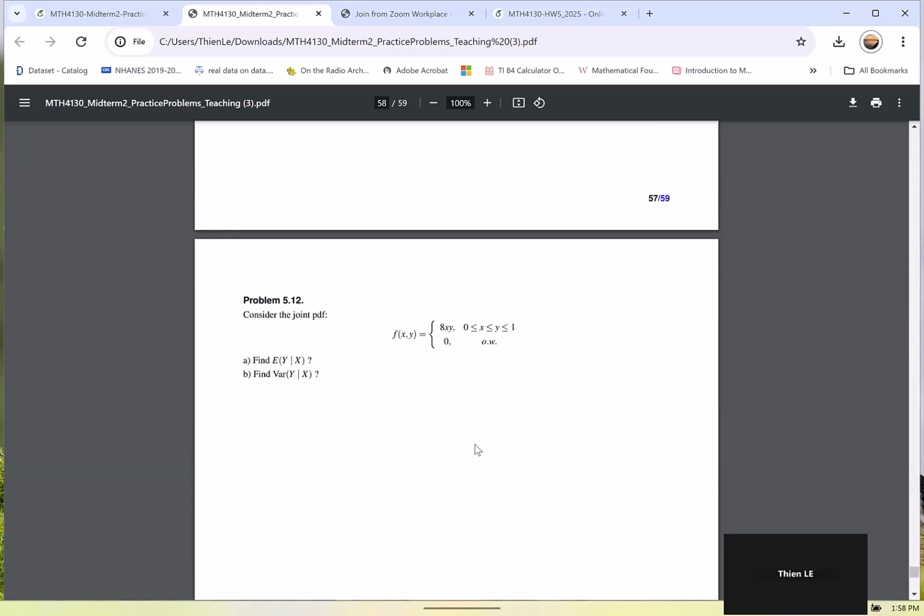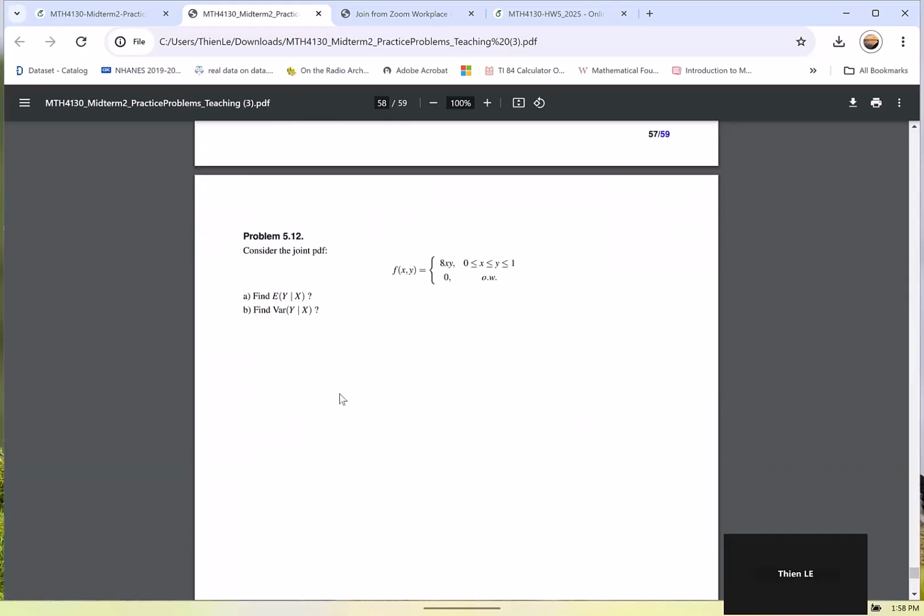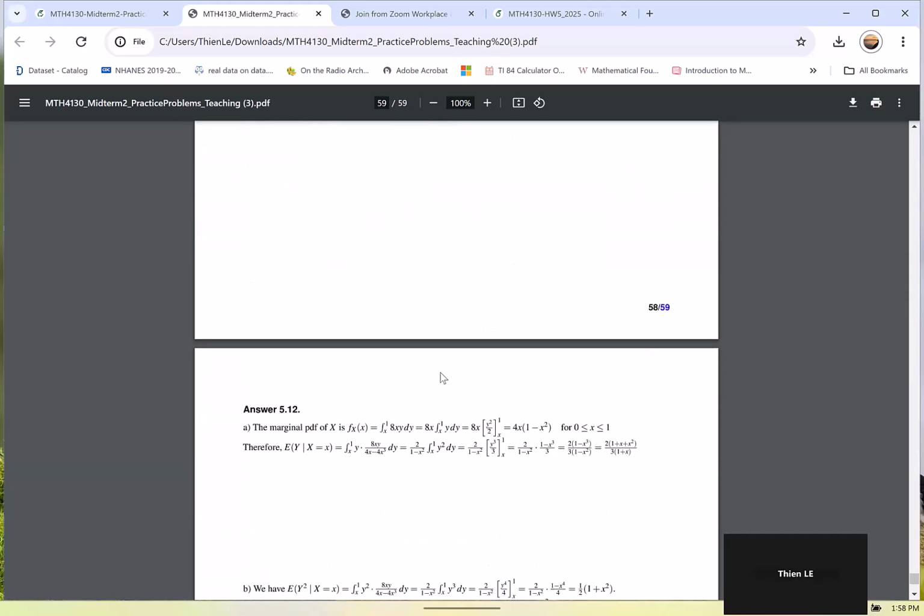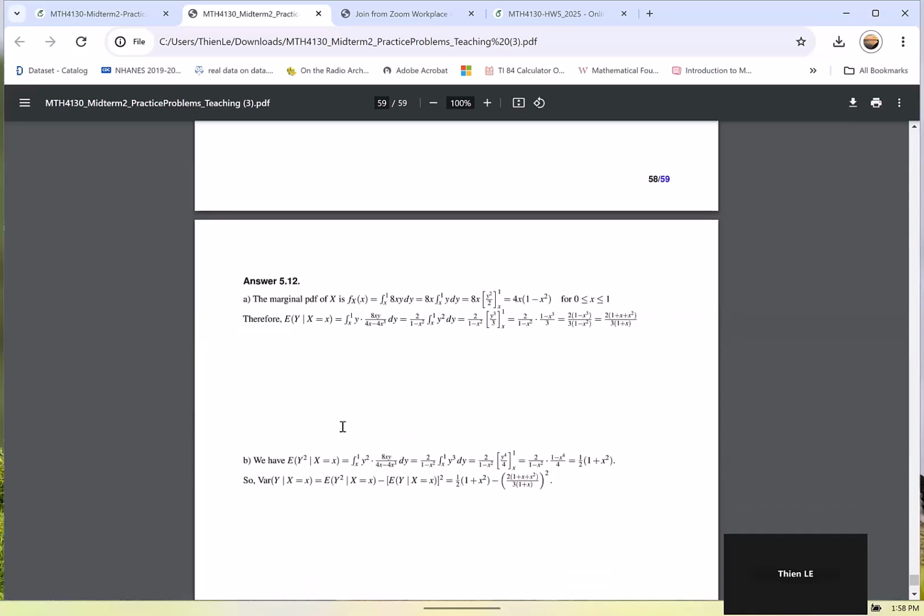In problem 12, consider the joint PDF here for the conditional expected value of Y given X and the variance of Y given X. So in order to do that, you need to know the conditional distribution of Y given X in order to find E[Y given X].